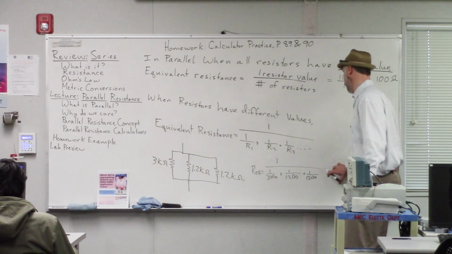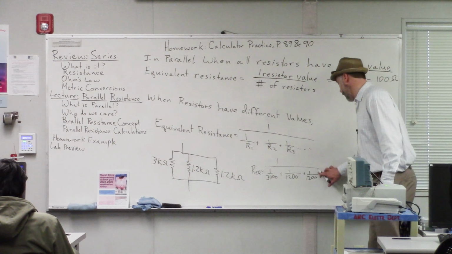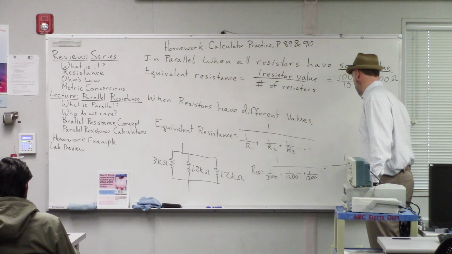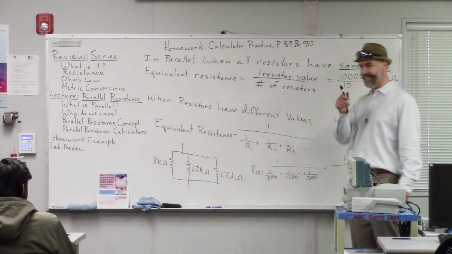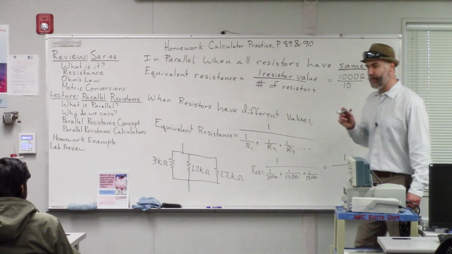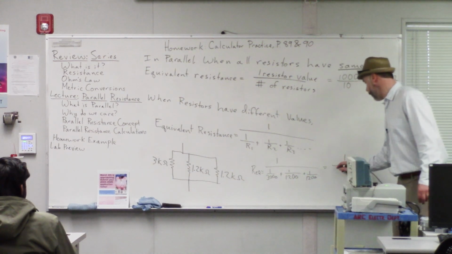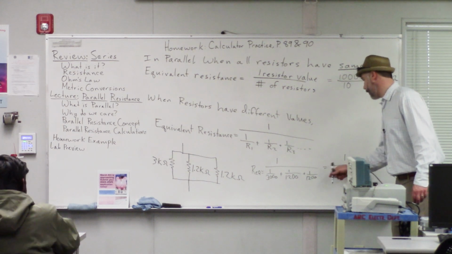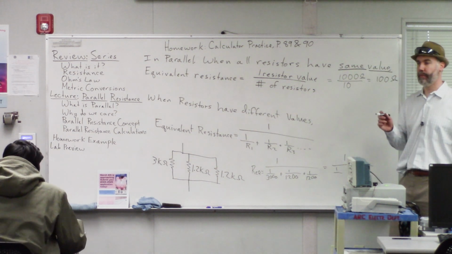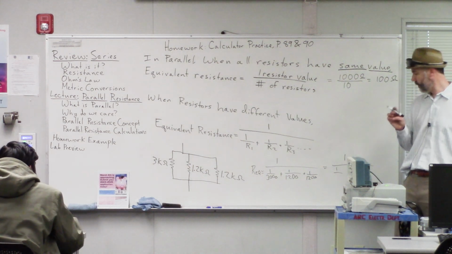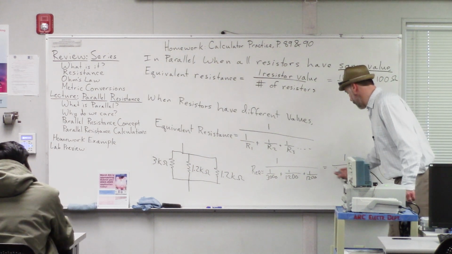So somebody's going to have to help me out with this. 500 ohms. Okay, that's good. But that's a little farther ahead than I wanted to get just yet. So what is 1 over 3,000? 3.333.